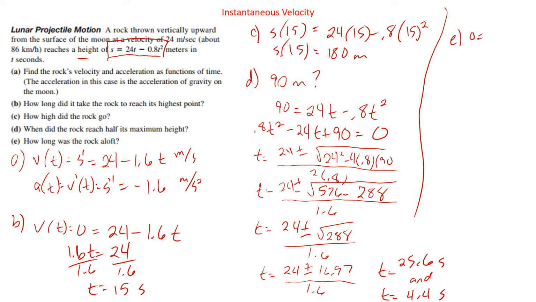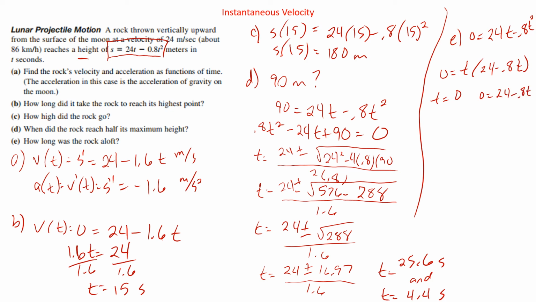So 0 equals 24t minus 0.8t squared. For this, factor out the t. So 0 equals t, 24 minus 0.8t. And so t could equal 0. Well, that was at time 0. That's where it started when it was thrown vertically upward. Or 0 would equal 24 minus 0.8t.